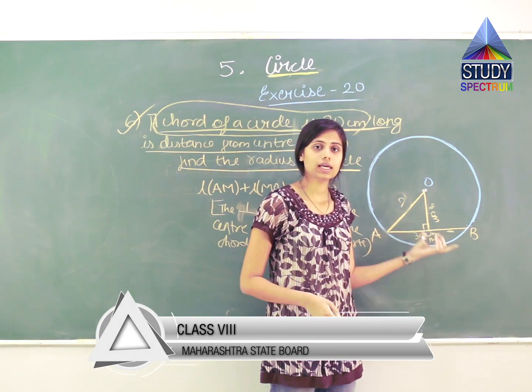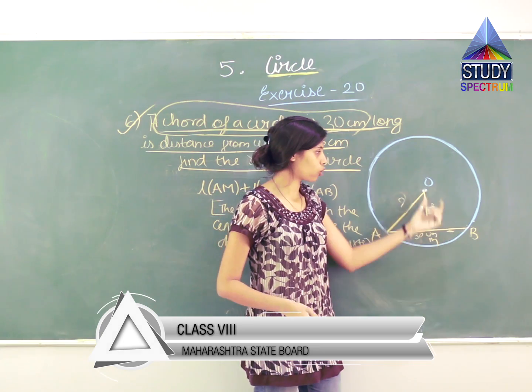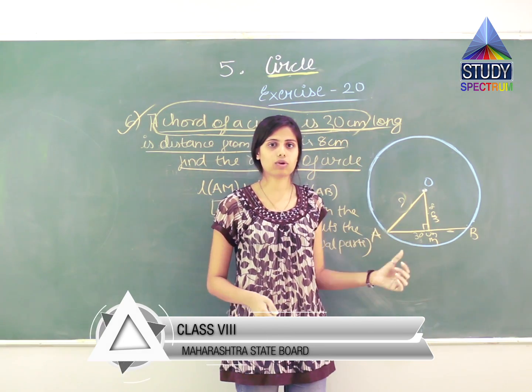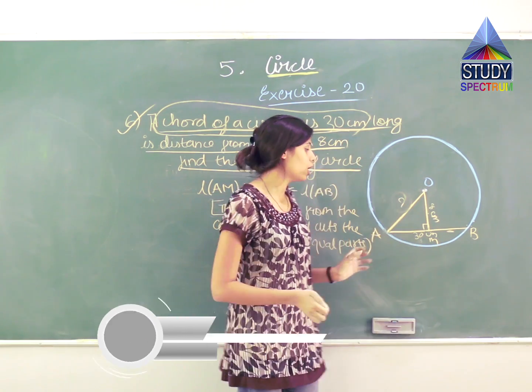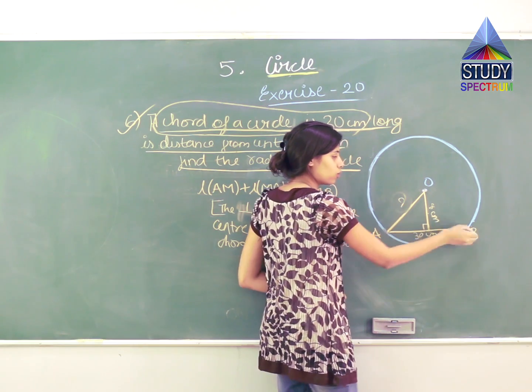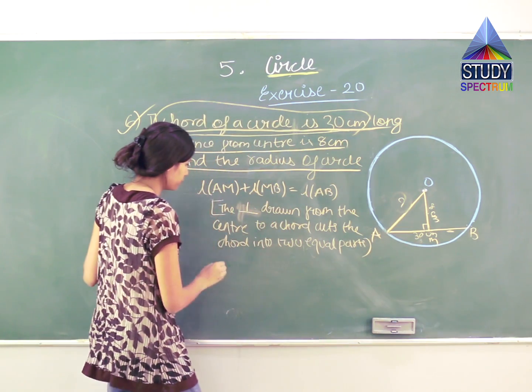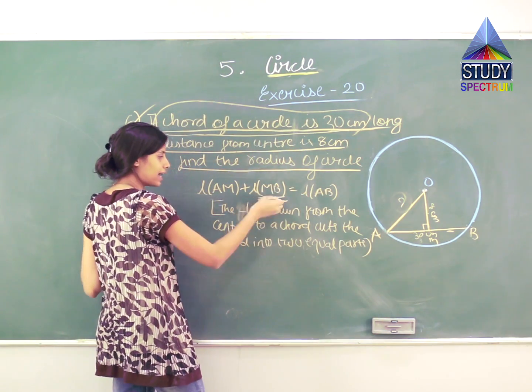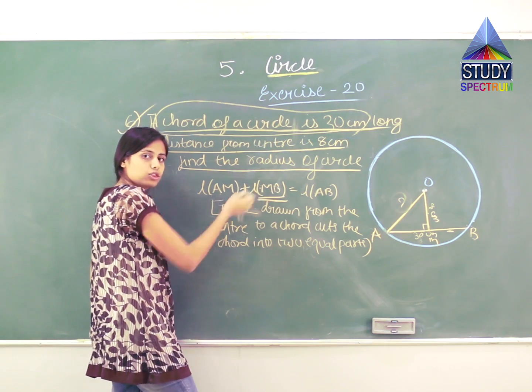The perpendicular OM divides the chord AB into two equal halves, AM and MB. So AM is equal to MB. Instead of MB I can write AM as well, because both lengths are the same.